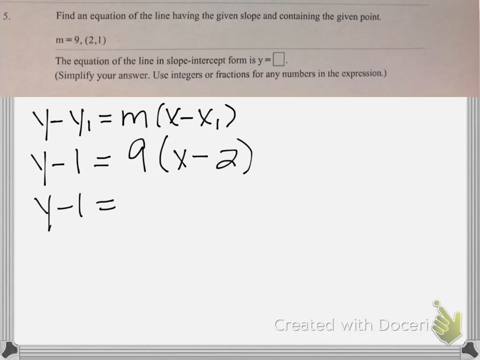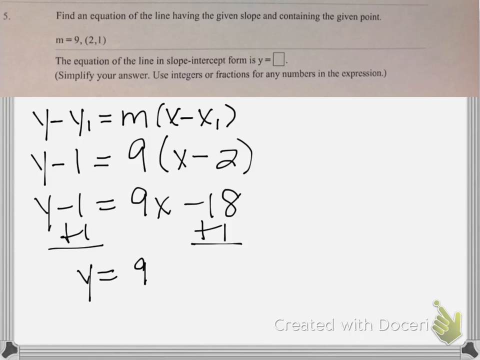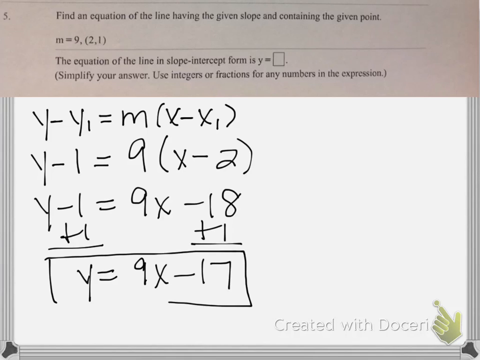So I distribute my 9, which gives me 9x minus 18, and then add 1 to both sides. This one's definitely easier than the other one because the other one had fractions too. So y equals 9x minus 17.